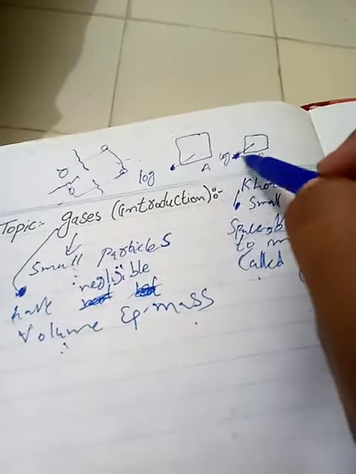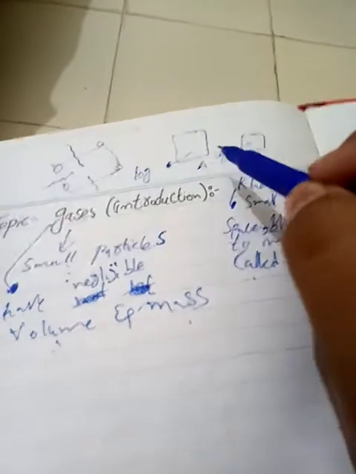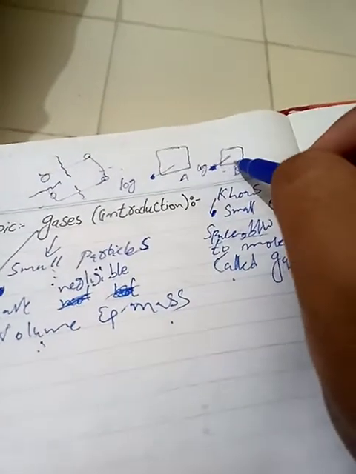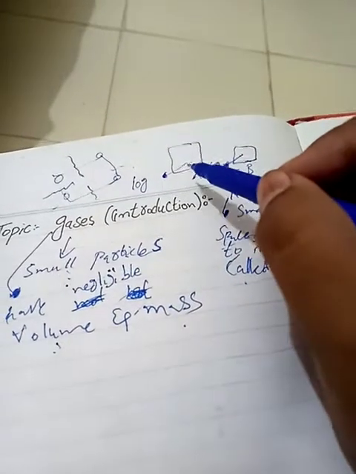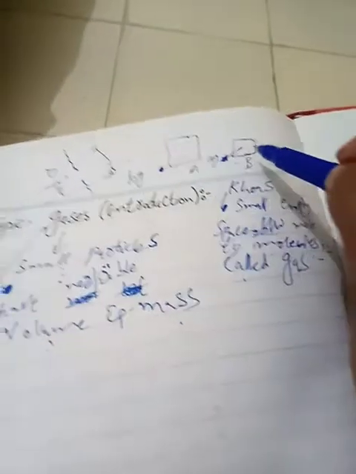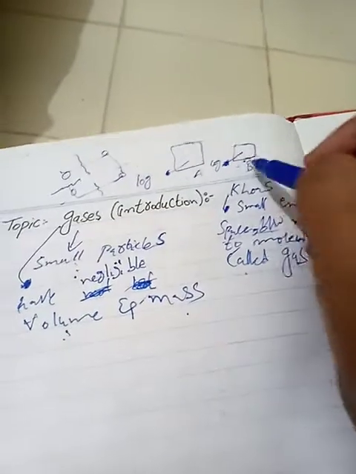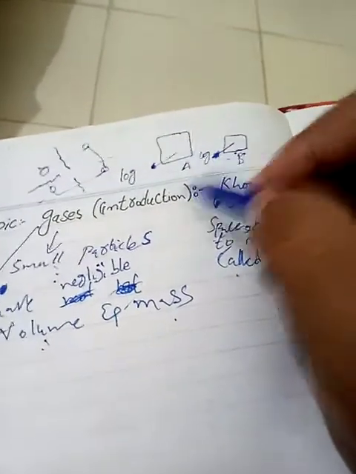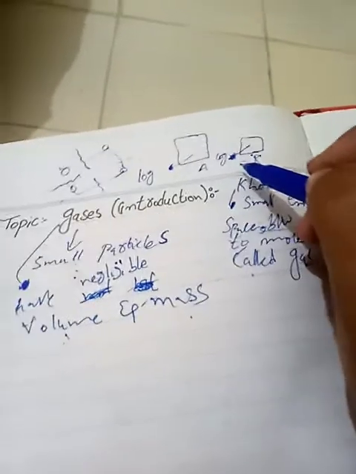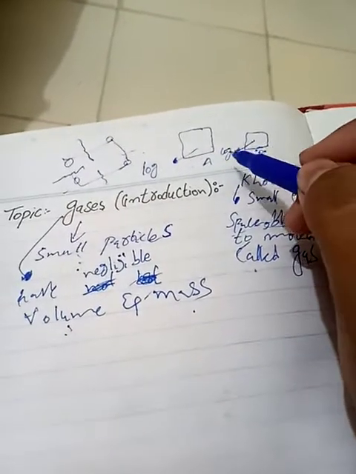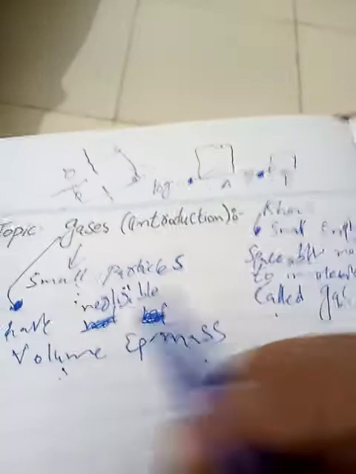Both have different sizes, but container B is taking the same gas as container A. So it means that gases are compressible, and they do not have any fixed volume. They will take the volume of a container. That's why I've written negligible here.